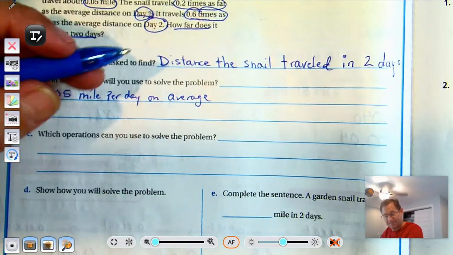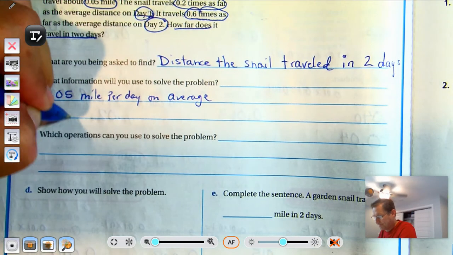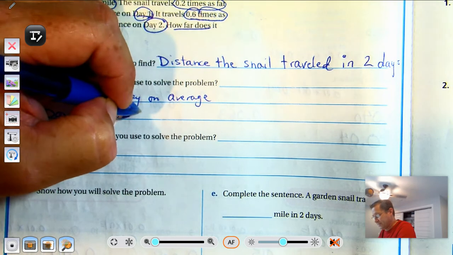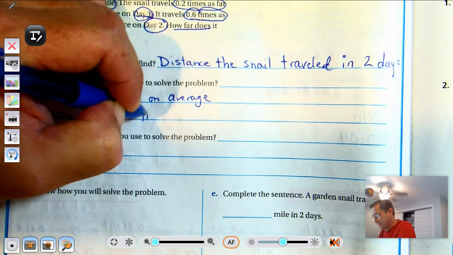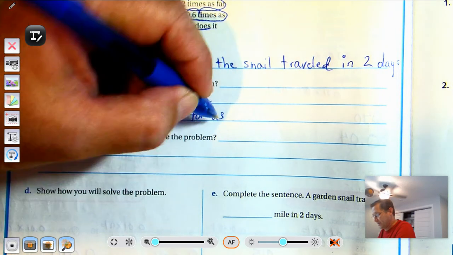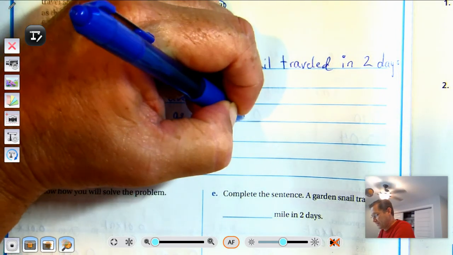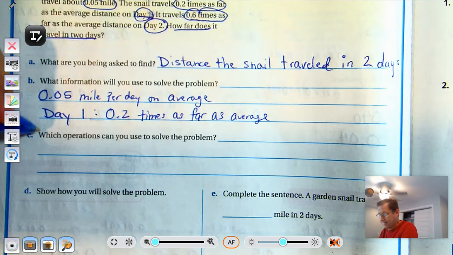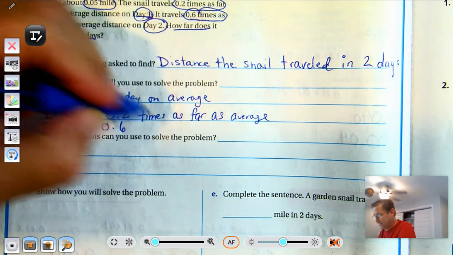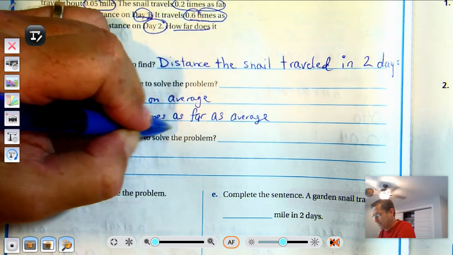Day 1, two tenths times as far as average. And day 2, 6/10 times as far as the average.